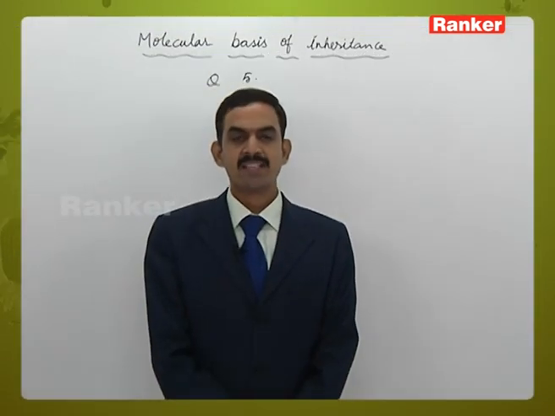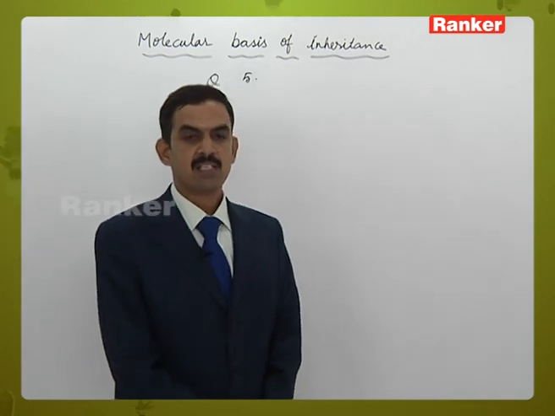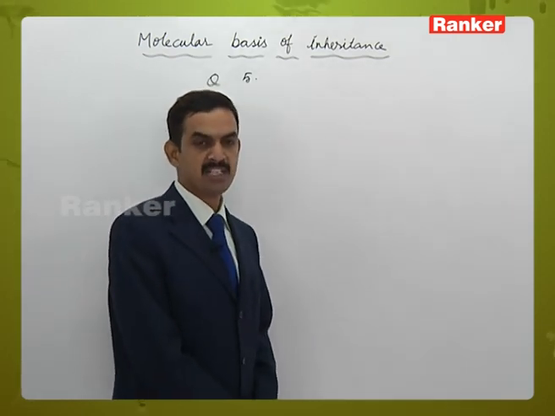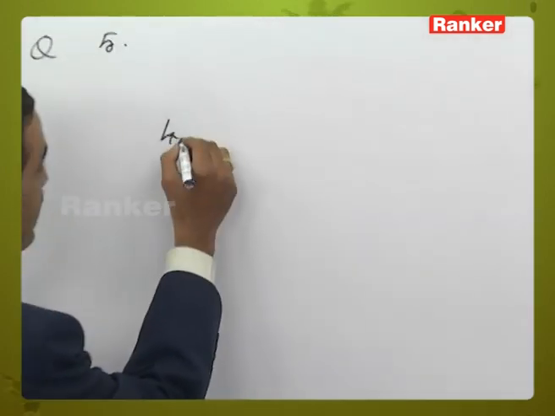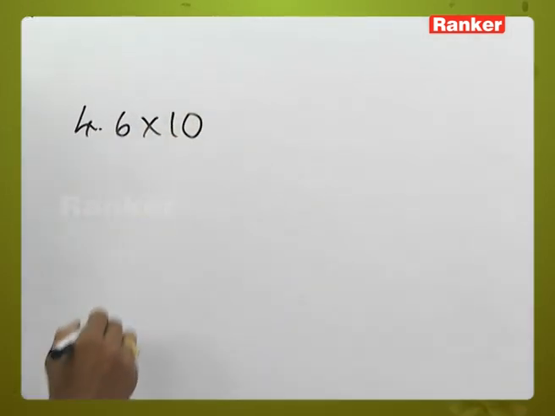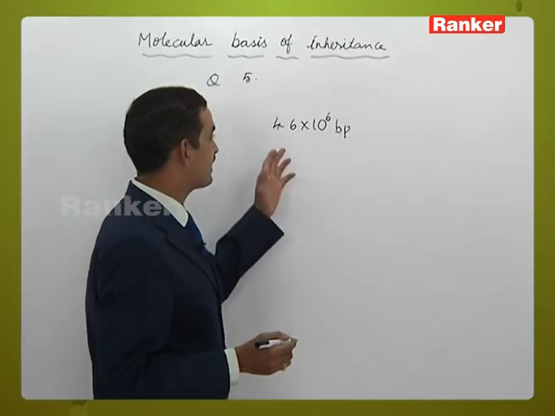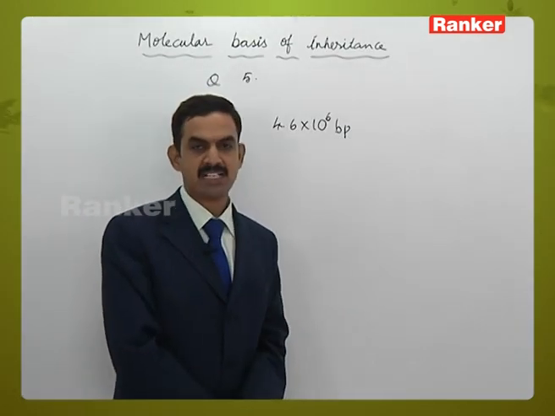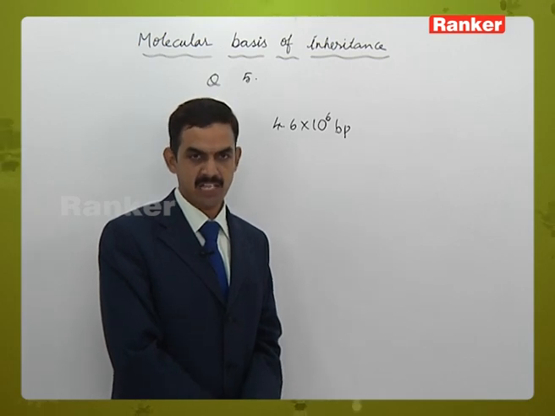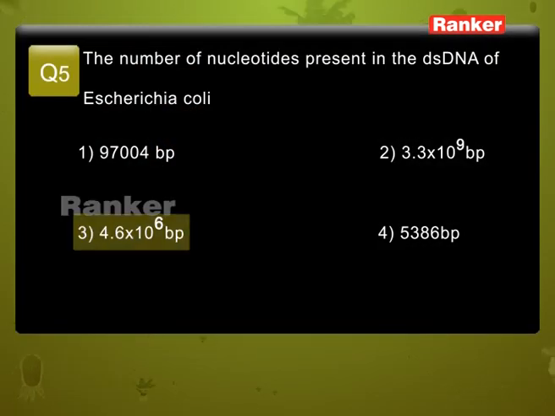Okay, here in the textbook it is directly given that the nucleotides present in them is 4.6 into 10 to the power of 6 base pairs. That is the number of base pairs present in that Escherichia coli bacteria. So question number 5, the correct answer is 3.